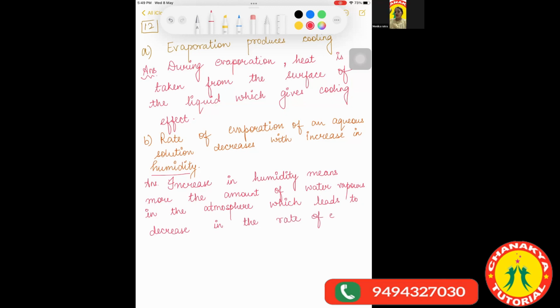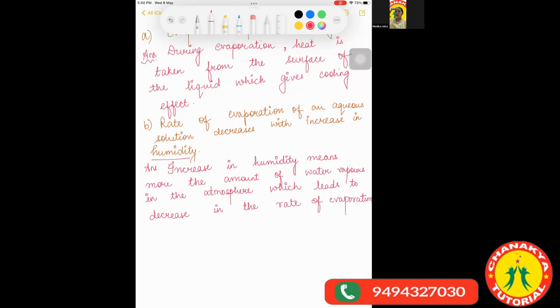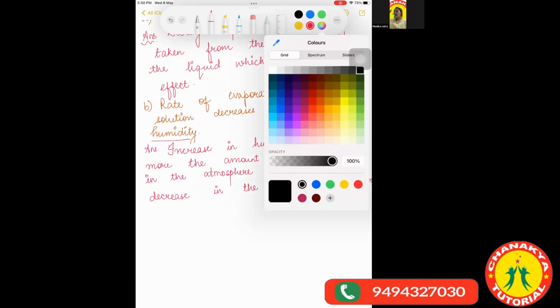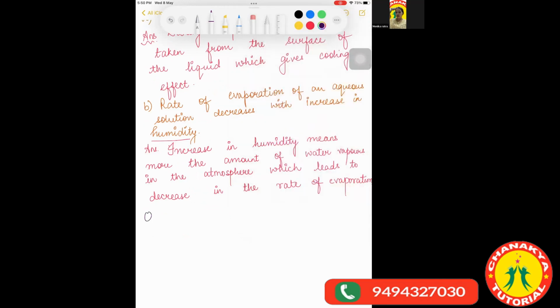Since already water vapors are present, the rate of evaporation decreases. I hope this is clear. Rohit, you need to start studying. All the answers you are giving are wrong. Hardly any answer was there which was correct.